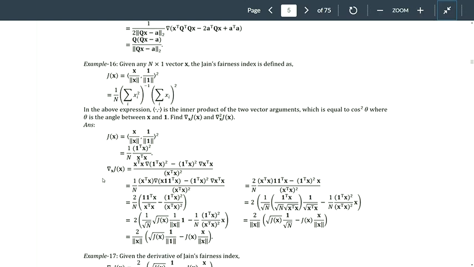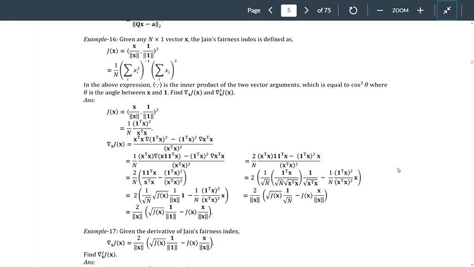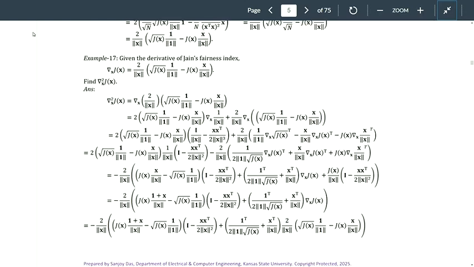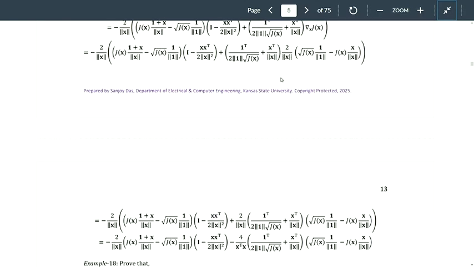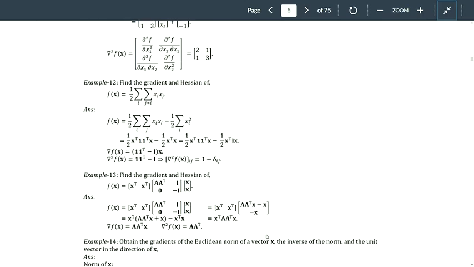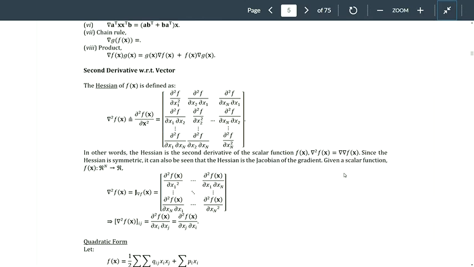How to find the derivative, first derivative and second derivative of a function like this. And these examples will help you understand how to solve the homework problems.